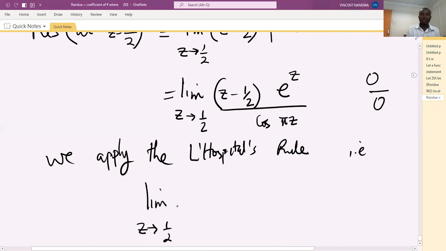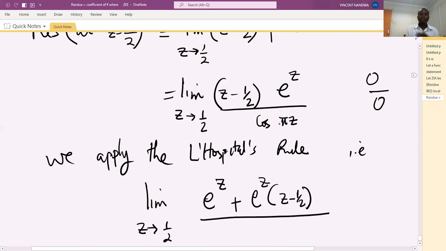By product rule, the derivative of z minus a half is 1 times e raised to the power z, plus the derivative of e raised to the power z, which is e raised to the power z, times z minus a half, divided by, when you differentiate the cosine function you get negative, so minus pi sine of pi z.